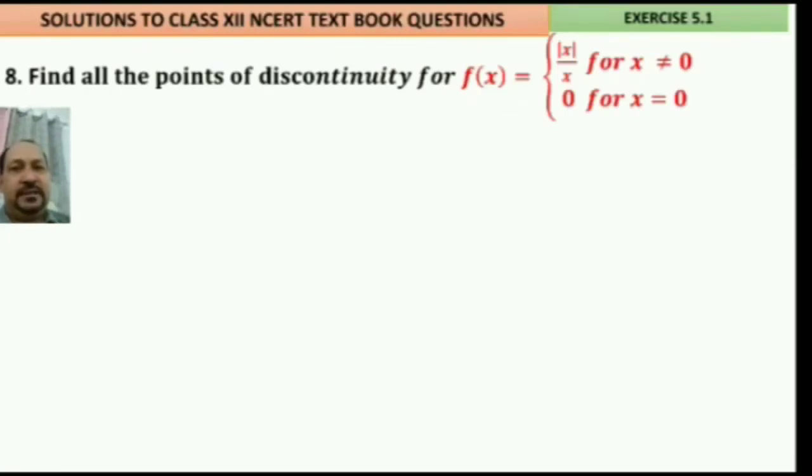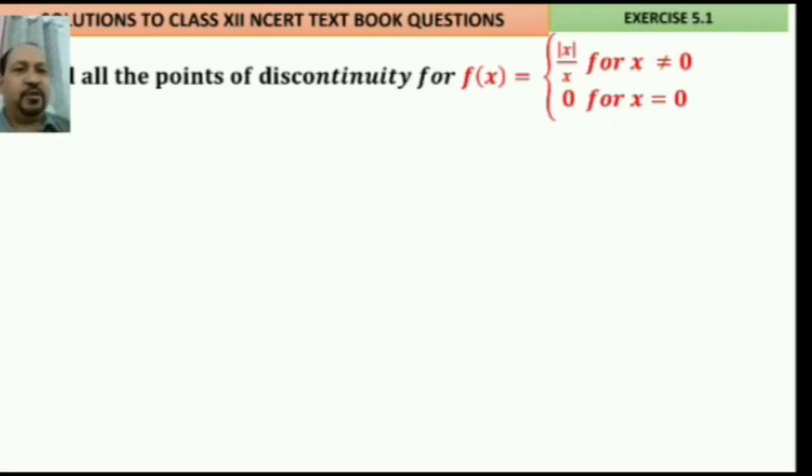Now let us see the question number 4. Find all the points of discontinuity for f of x equal to mod x upon x for x is not equal to 0, and 0 for x equal to 0.